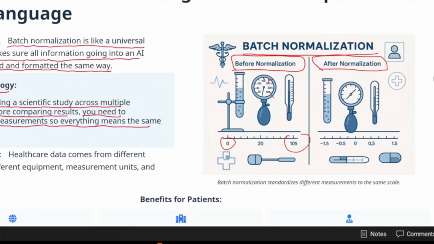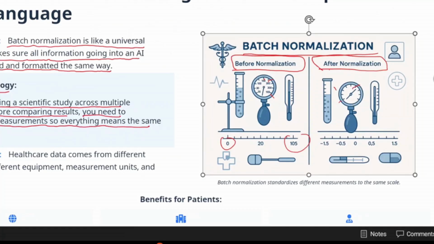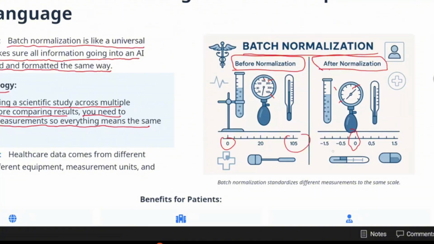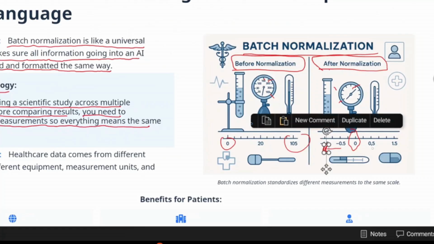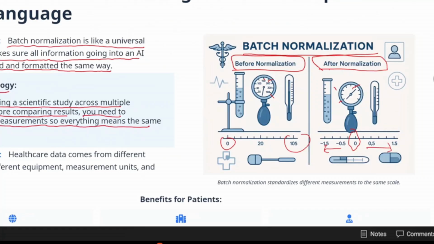So it removes some of the numbers, right? And what it also did, it normalized it. All the values have a central 0 and has values before it and values after it. Everything is standardized, everything is normalized to a particular scale that can be used for all the values. Batch normalization standardized different measurements to the same scale. This same scale will now be used.